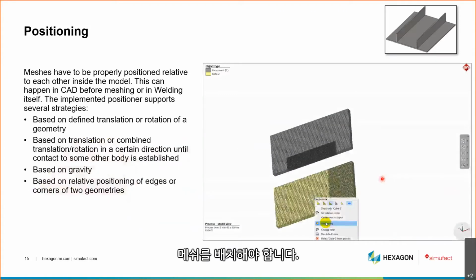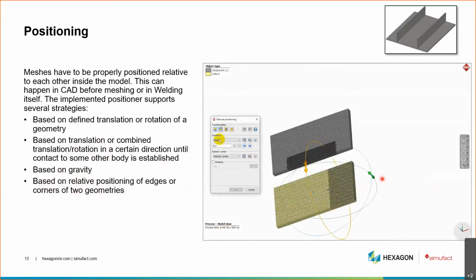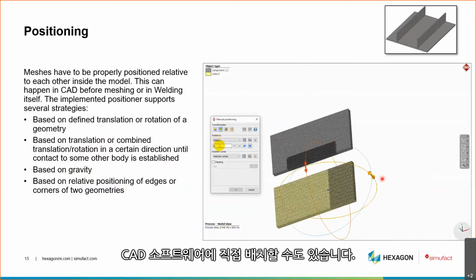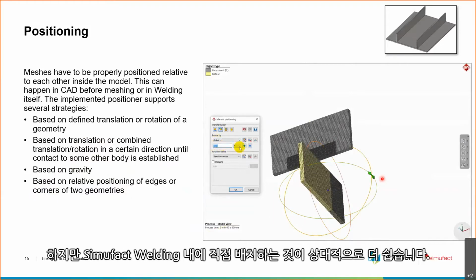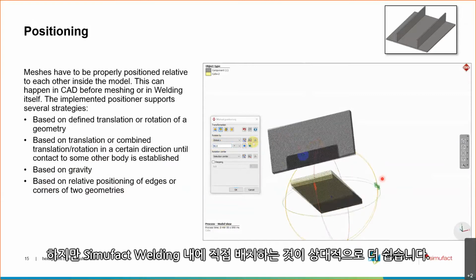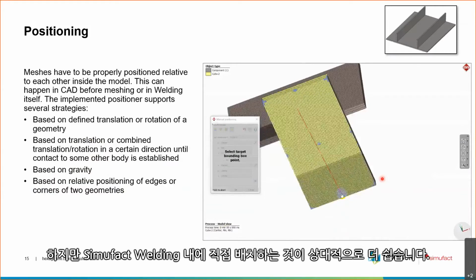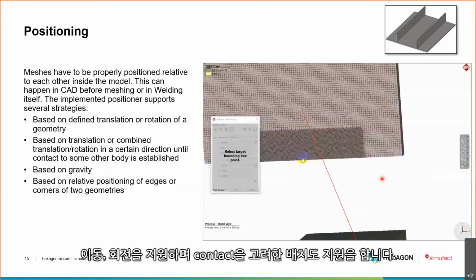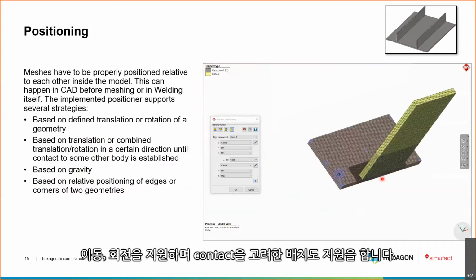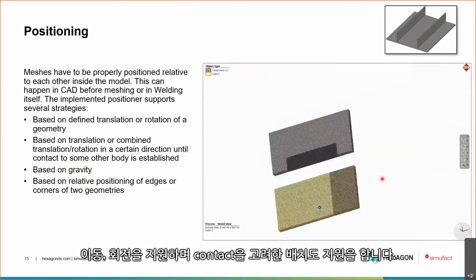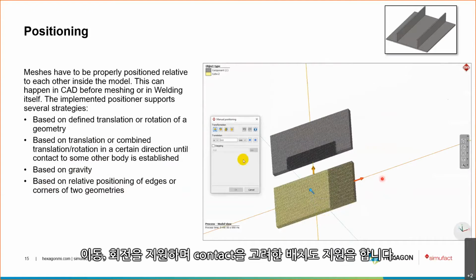The meshes have to be positioned, so it is, of course, possible to position them directly in your CAD software, but it is also relatively easy to position them directly inside welding. Of course, we support the usual positioning methods like translation and rotations, but we also support a so-called contact positioner.